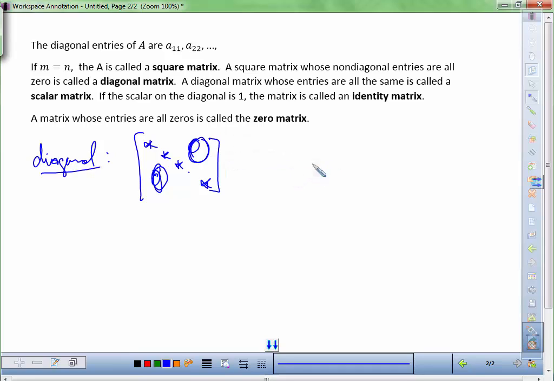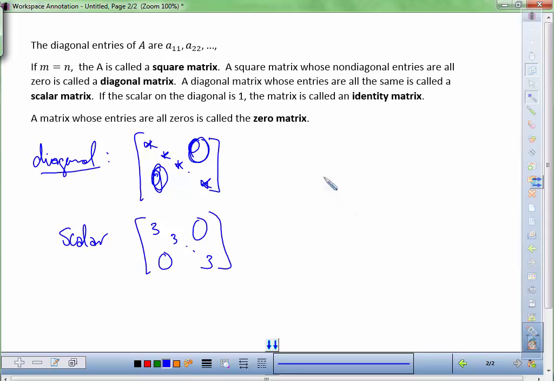Because if it's all the same, let's call it 3, 3, 3 in all the diagonals, there's a way to factor this out. And when you factor this out, you don't get just a 3, you get something else. But this is called a scalar matrix.